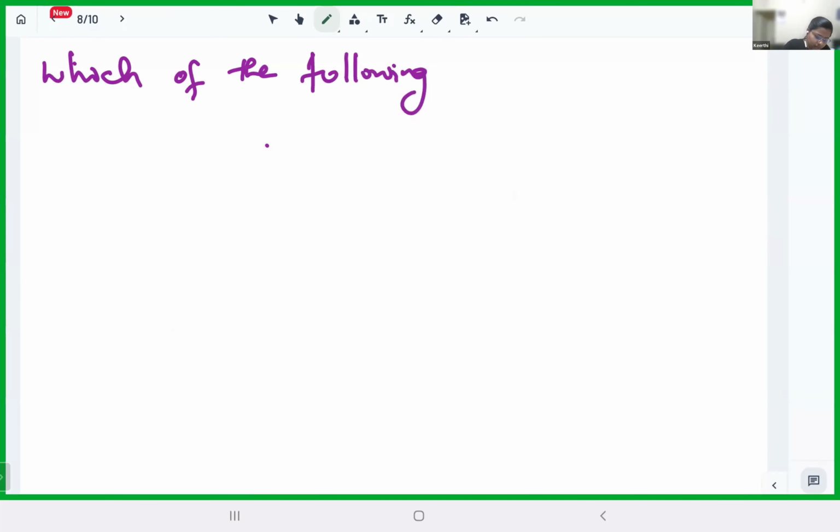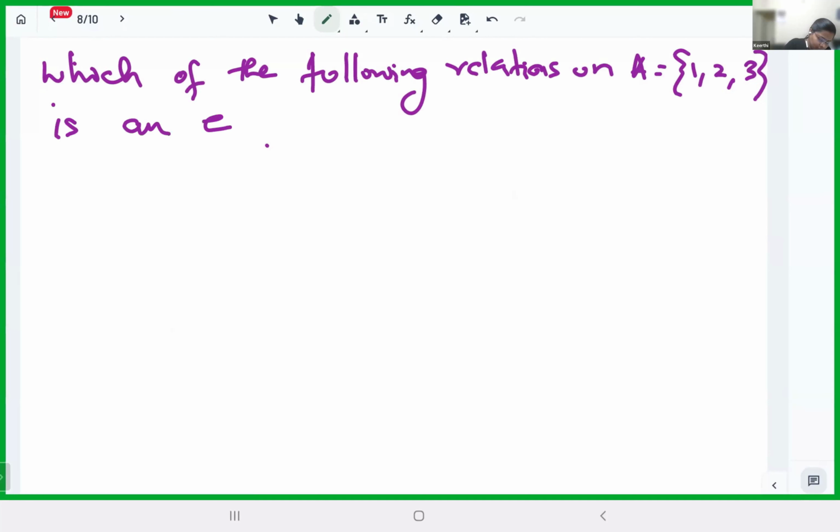Which of the following relations on A equal to the set {1, 2, 3} is an equivalence relation? The first option is {(1, 2), (3, 3)}.